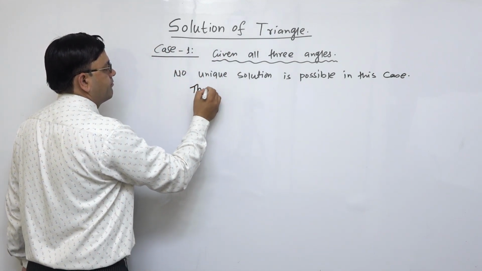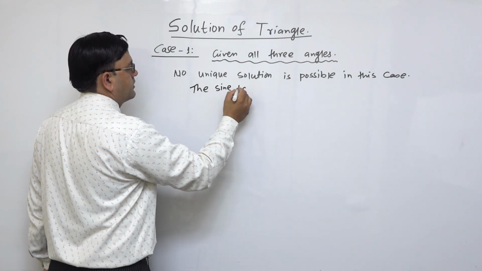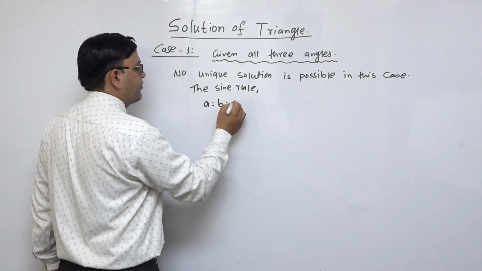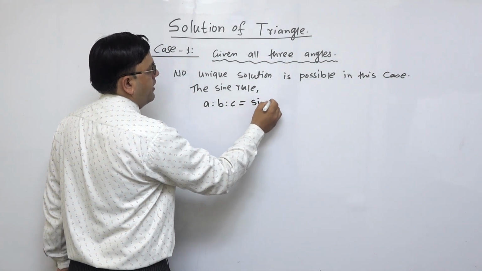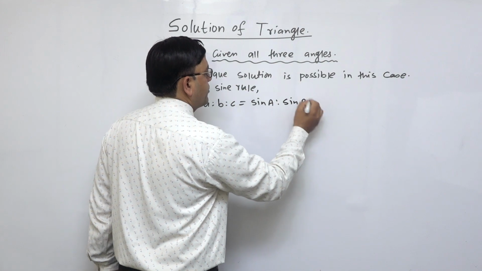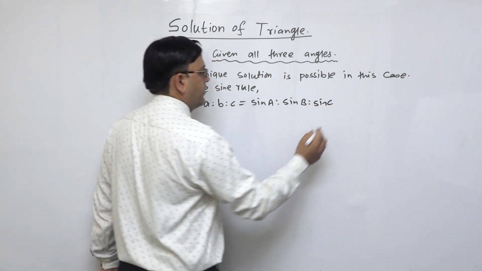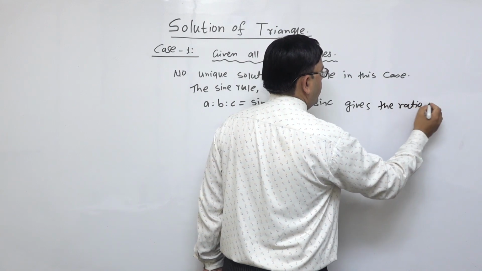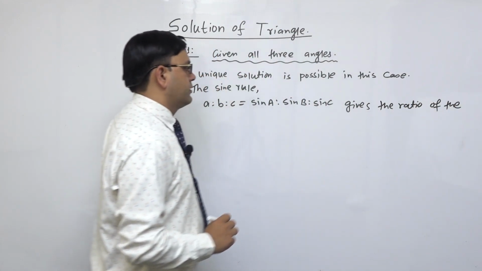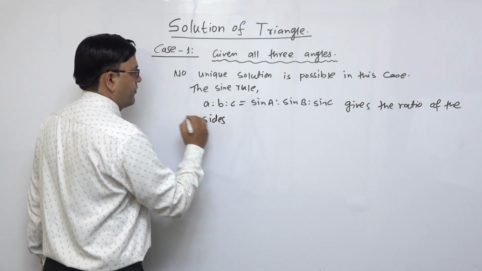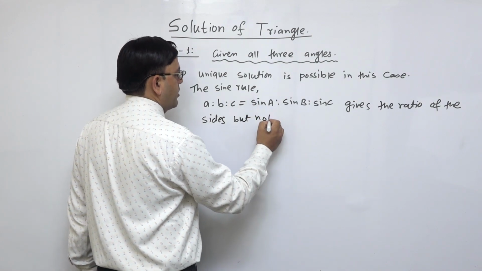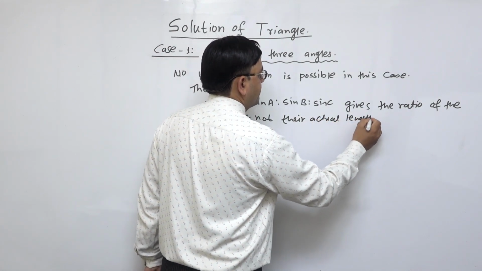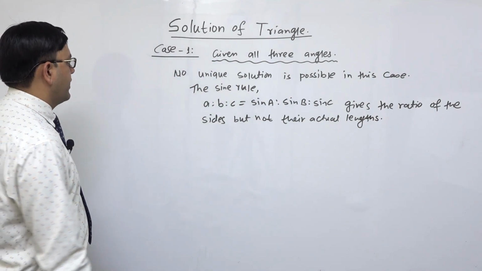The sine rule, a is to b is to c equals sin A is to sin B is to sin C, gives the ratio of the sides, but not their actual length.